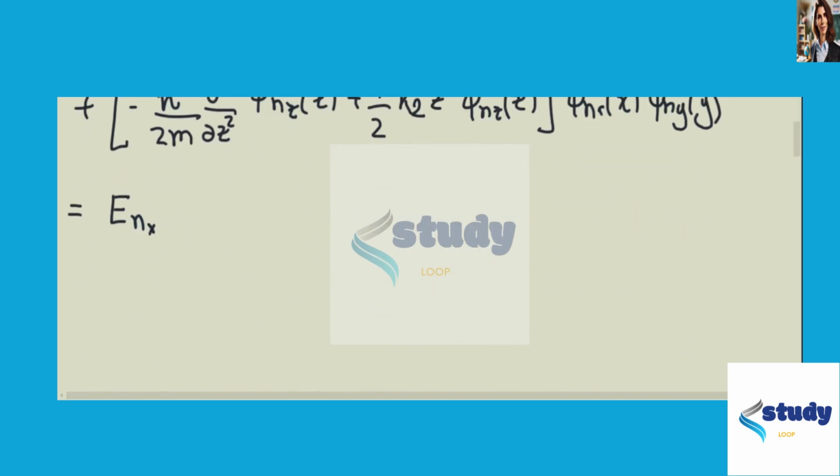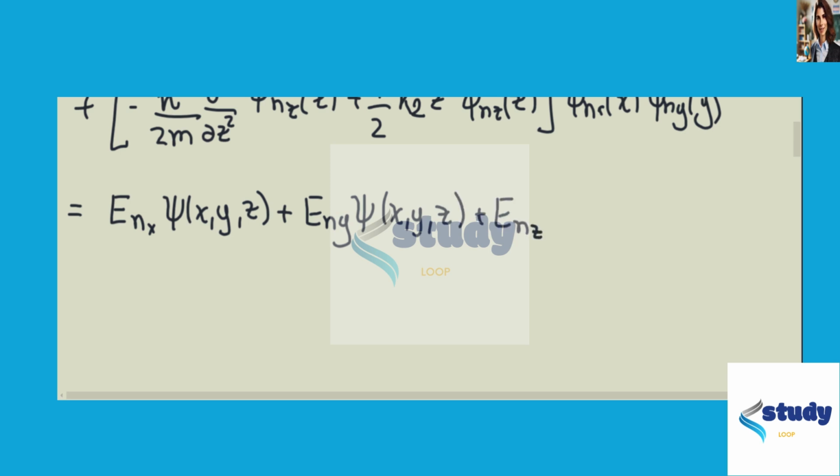That's just the whole psi of x, y, and z, plus Eny times psi of x, y, and z, plus Enz times psi of x, y, and z.